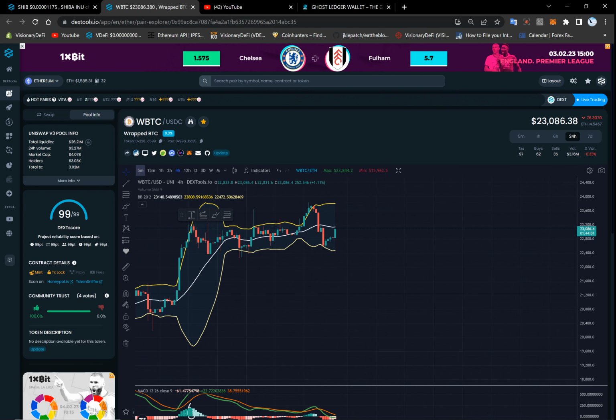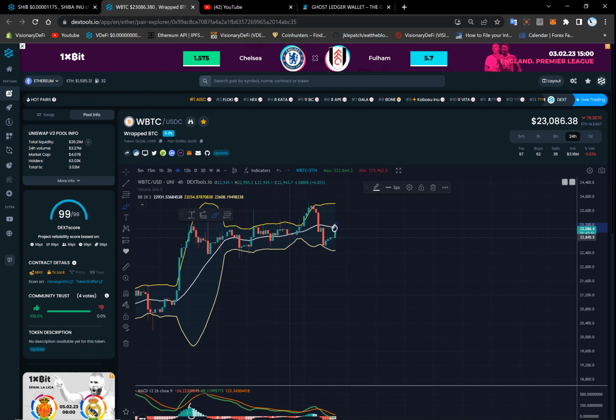starting to go up, but it hasn't made its way above the trend line. Look at this movement here. It went up, hit resistance, and then it dropped, and it's starting to go back up again. Look at the similar pattern with Shiba.